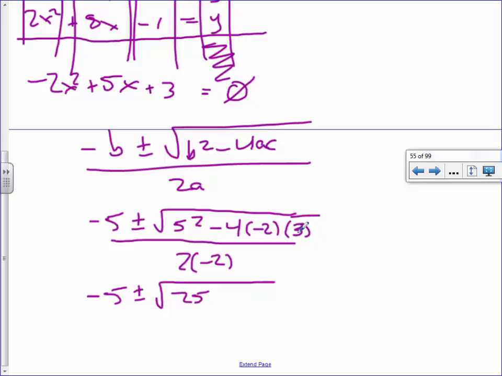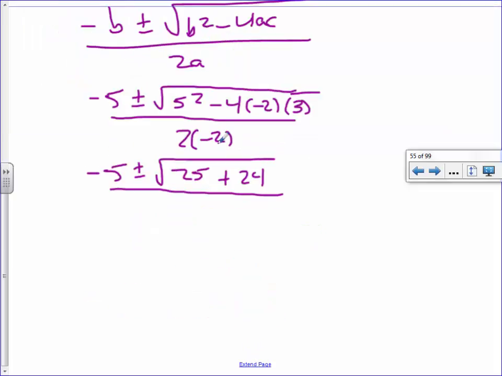Times a 3. What do you get? 24? I think it's 24. But it's positive 24, right? Because this negative and that negative combine to make it positive. And then last little bit, what is 2 times negative 2? Negative 4. Maybe you're a little bit ahead of me even.